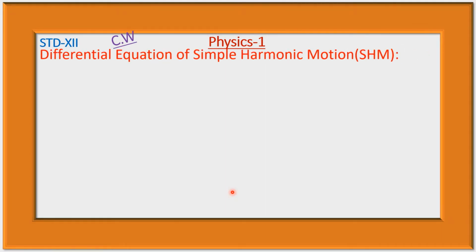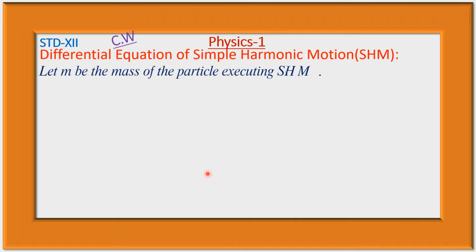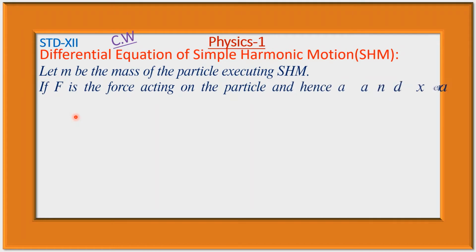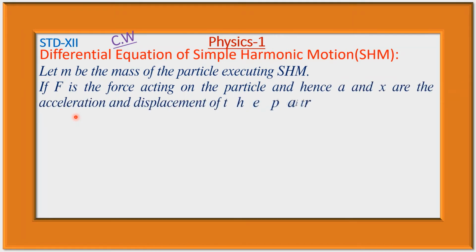Now, the differential equation of simple harmonic motion. Let m be the mass of the particle executing simple harmonic motion, and F the force acting on the particle, and A and x the acceleration and displacement of the particle respectively.